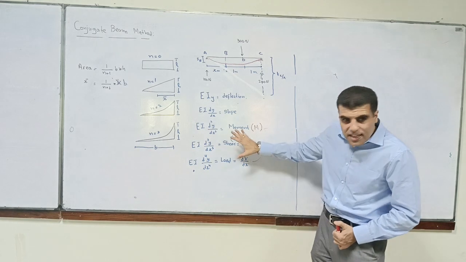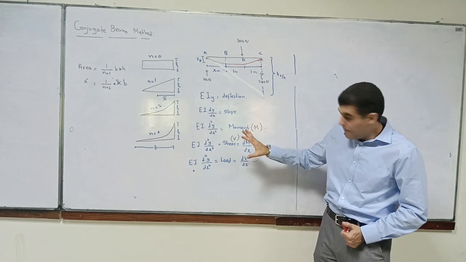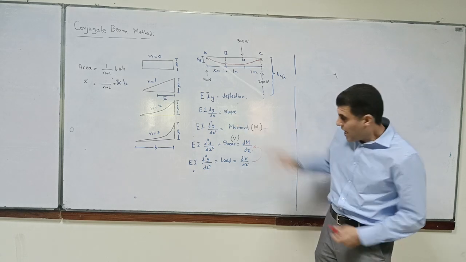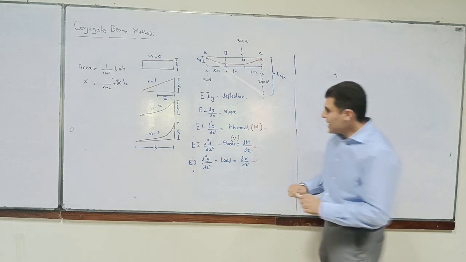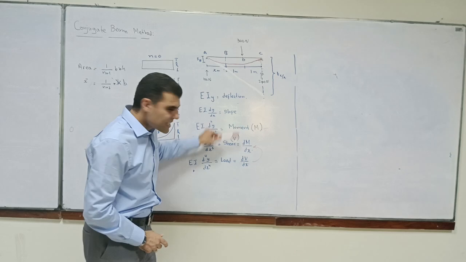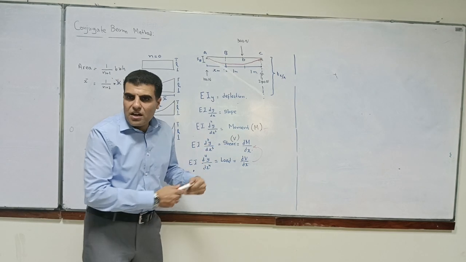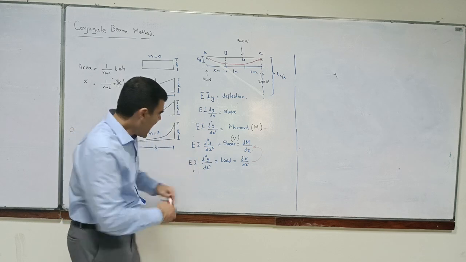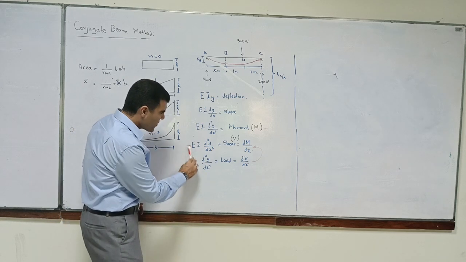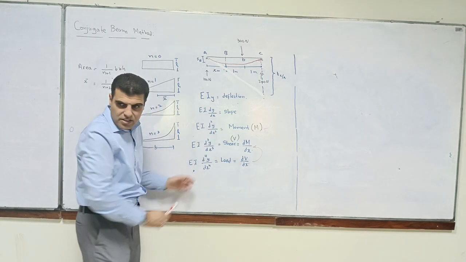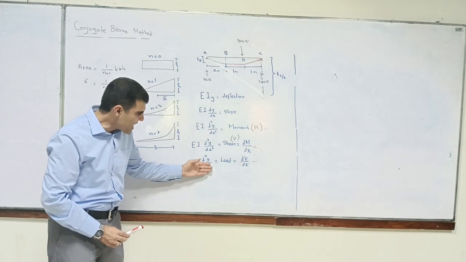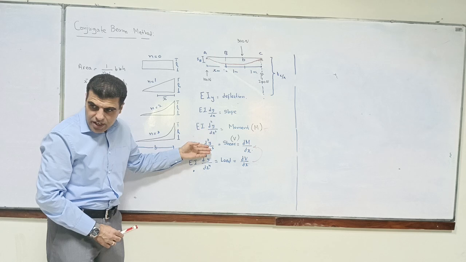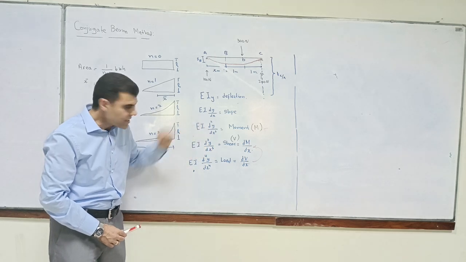So analogously, we take a moment diagram. These three are connected using the logic of moments or forces towards the left, and differentiation-wise they are connected over here. If you integrate the load once, you get shear. You integrate it again, you get moment.